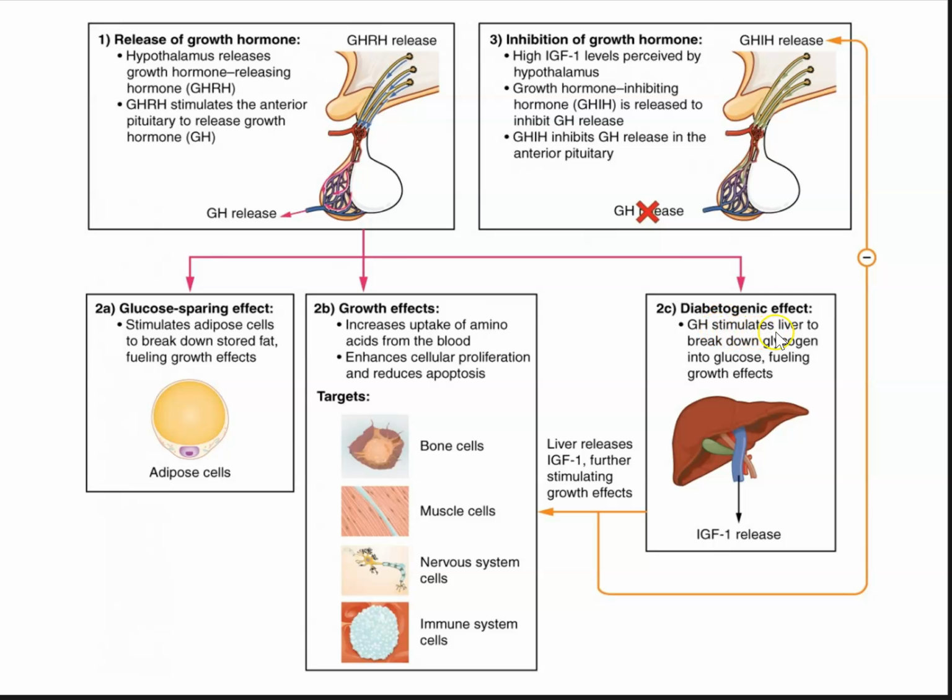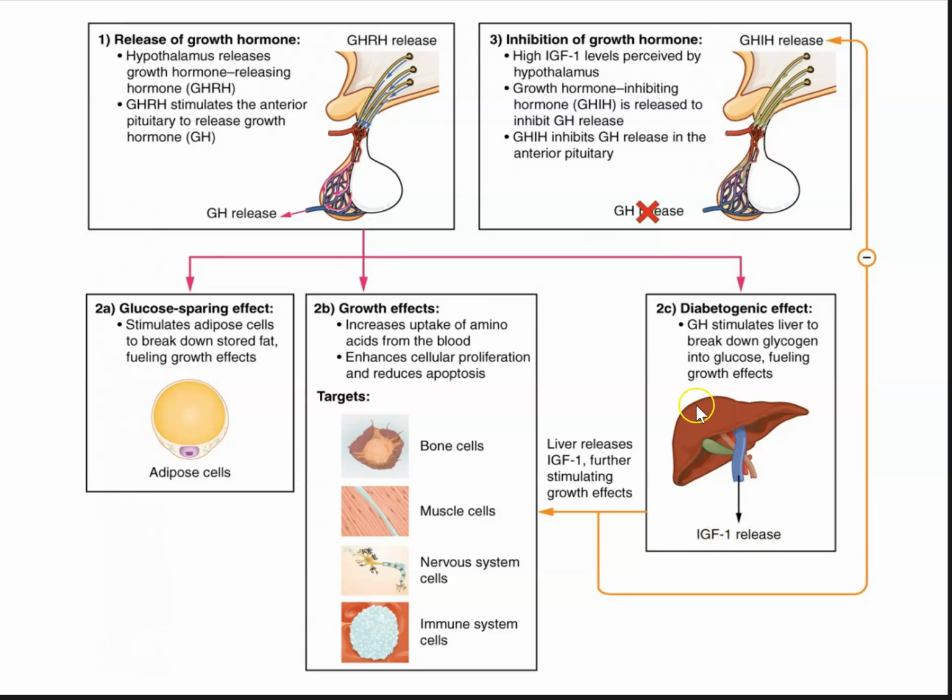Growth hormone stimulates the liver to break down glycogen into glucose. Glycogen is the form of sugar that the liver stores glucose in. When we need glucose, the glycogen is converted to glucose and released into the bloodstream. So when glucose is released into the bloodstream, the levels of sugar in the blood increase.